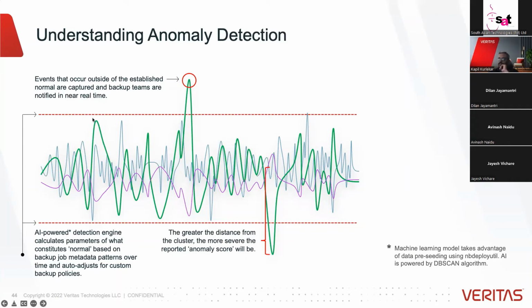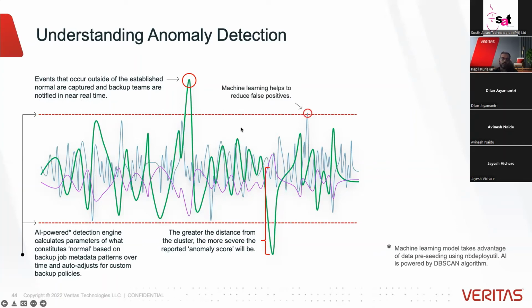If the data, or the sine wave, inside of these two parallel lines is your benchmark, these two are anomalies, right? The greater the distance from the cluster, the more severe the reported anomaly score will be. So if the deviation is much larger, the anomaly score is going to be high. The events that occur outside of the established normal are captured, and backup teams are notified in near real time.